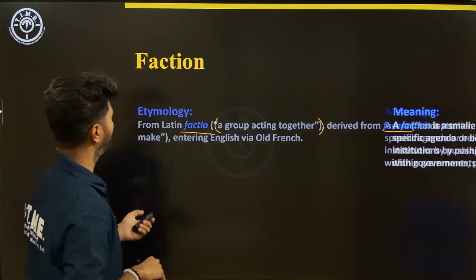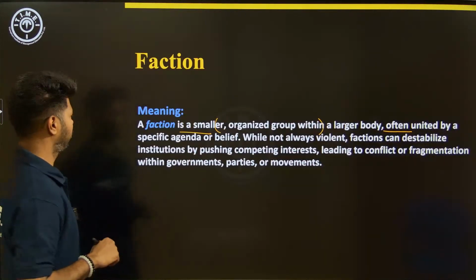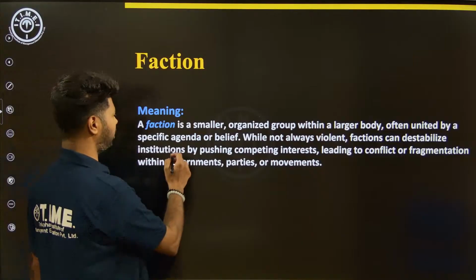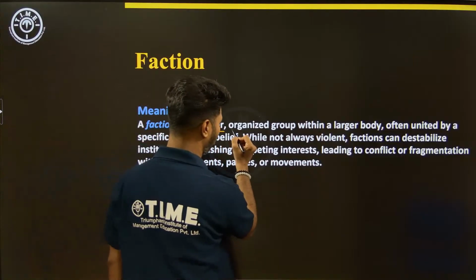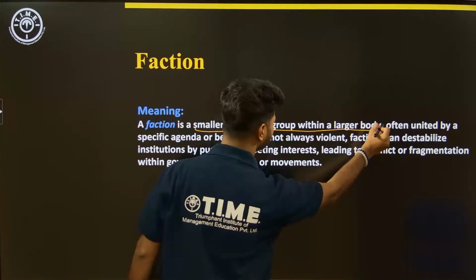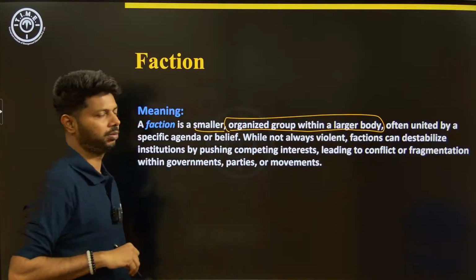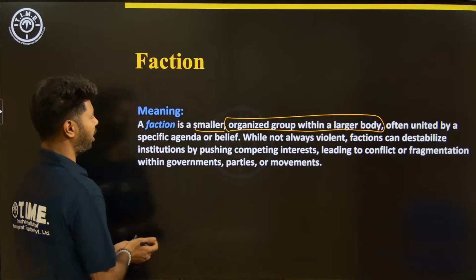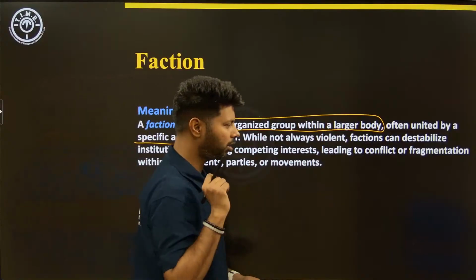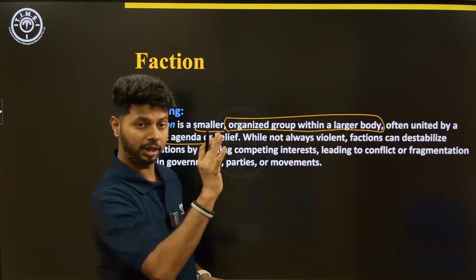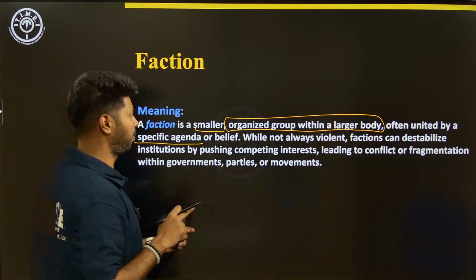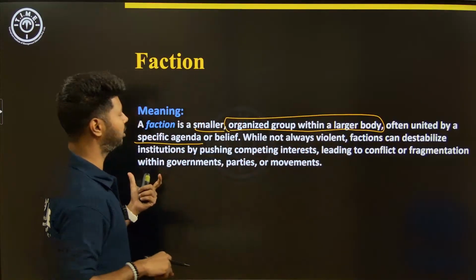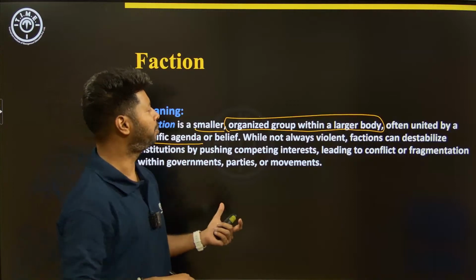Let's take a look at the meaning. A faction is a smaller organized group within a larger body, often united by a specific agenda. They have a specific agenda within the larger organization or belief. While not always violent, factions can destabilize institutions by pushing competing interests.